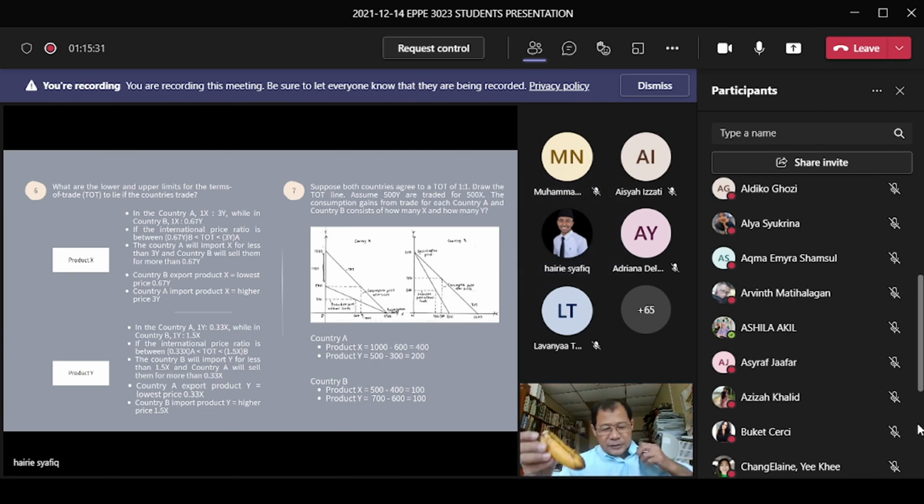Whether you live in Burkina Faso, Siberia, Copenhagen, Kodiang, Gua Musang, Singapore, or New York, the price of banana divided by the price of shirt, suppose banana is your export.